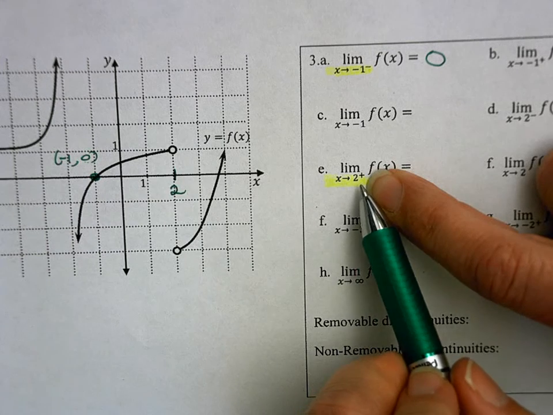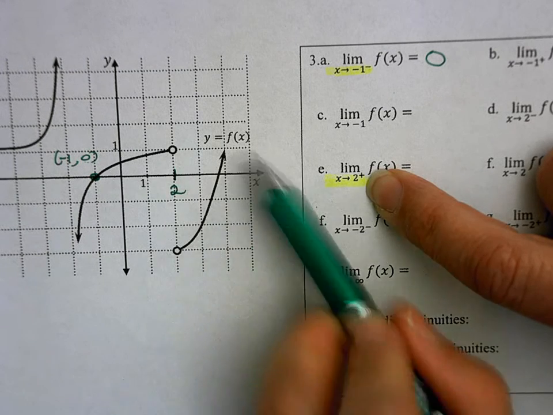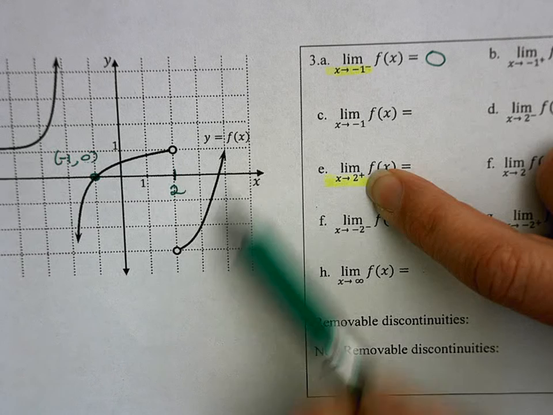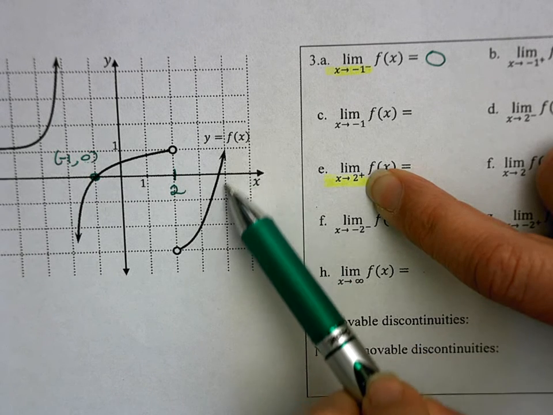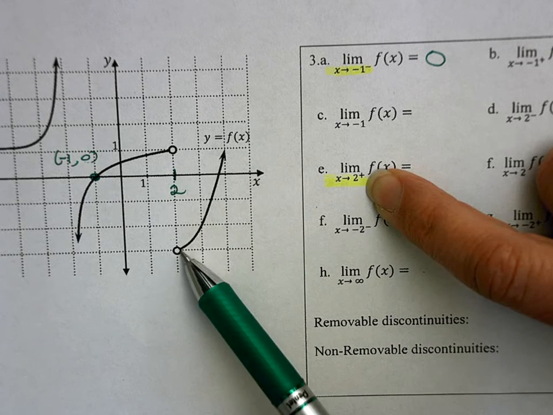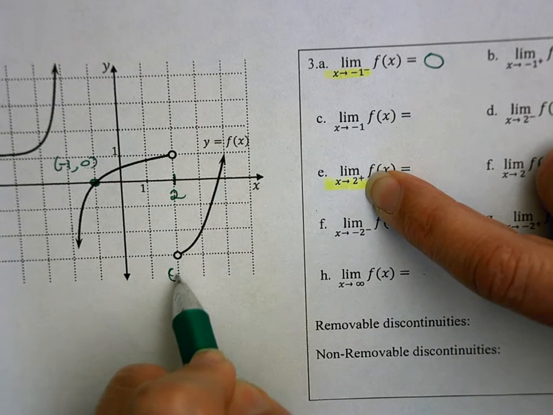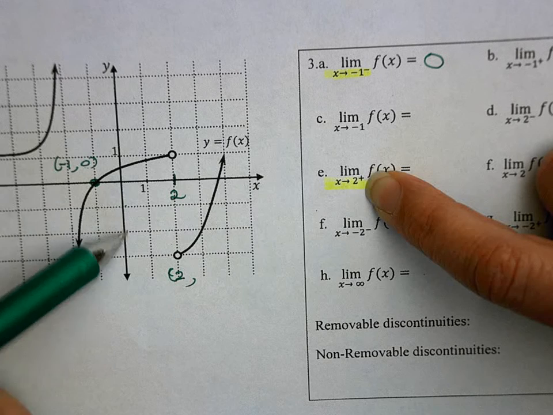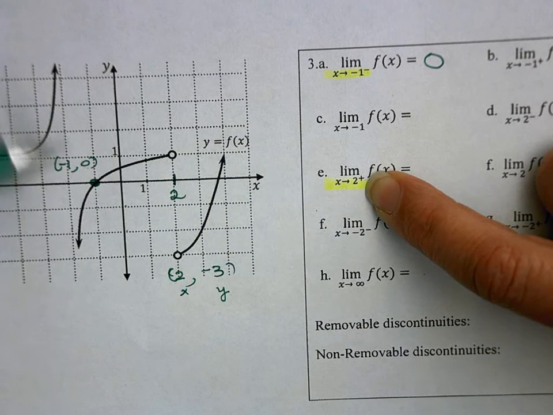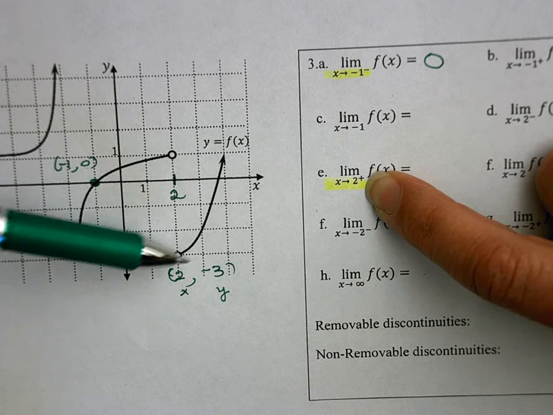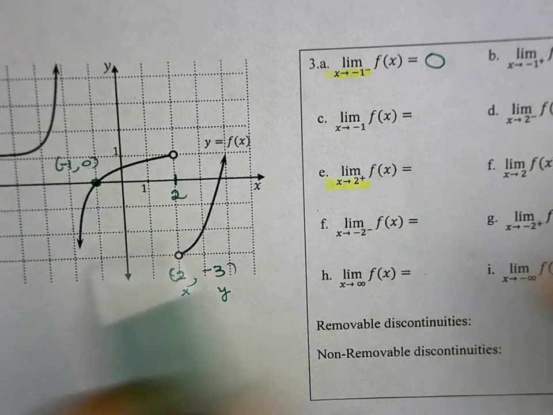And I want to approach from the right side of 2. So over here somewhere, right? Here's the right of 2. So that means I'm going to be on this branch of the graph. So as x is approaching 2 from the right, I'm going towards this ordered pair. So as x is approaching 2 from the right, my y value is approaching -3.